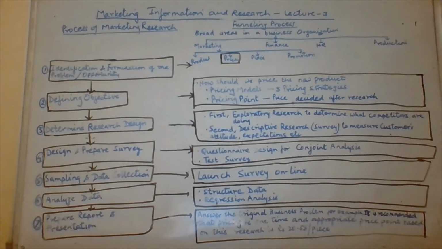So the researcher, after analyzing the data, comes up with the solution, because the ultimate reason any research process is carried out is to get a solution to the problem. And the problem here, coming back a little, is what should be the price for my new product.